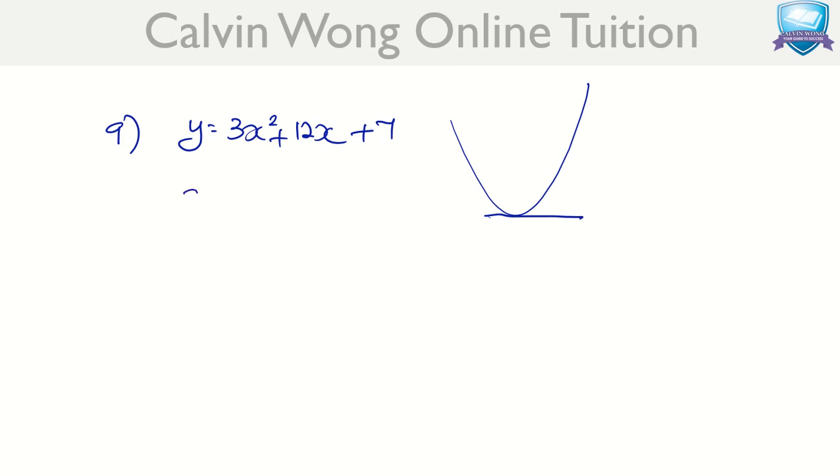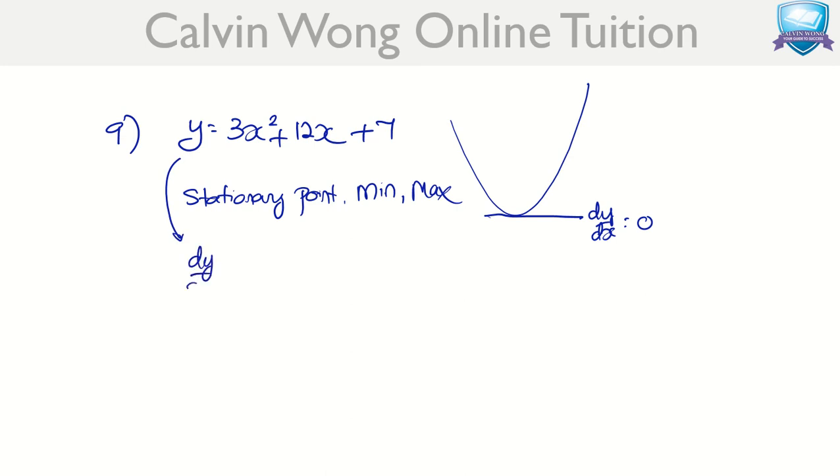This is called a stationary point, or to determine minimum or maximum. At this point, dy/dx is 0. The gradient is 0. Okay, let's do it.